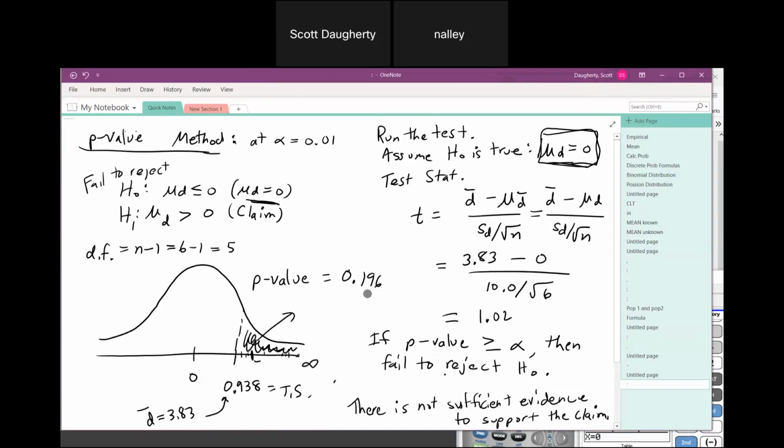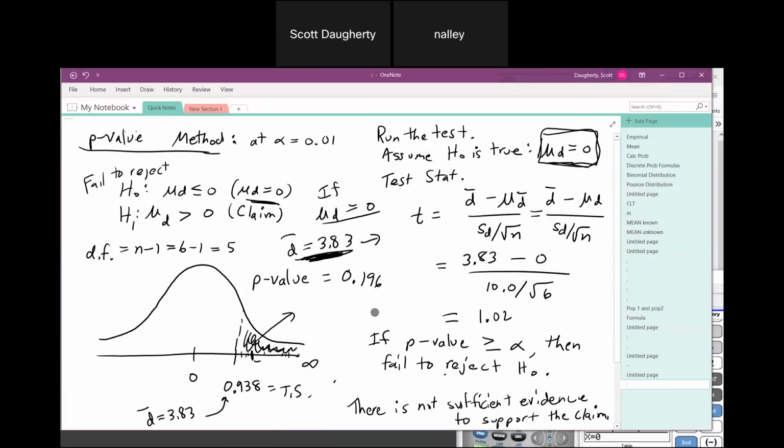The probability of that happening is about 19.6% of the time. Mu sub d is 0, I get 3.83. How likely is it for this to have happened, or worse, or larger? If this is 0, what's the chance of getting a d bar value of 3.83 or higher? It happens 19.6% of the time.